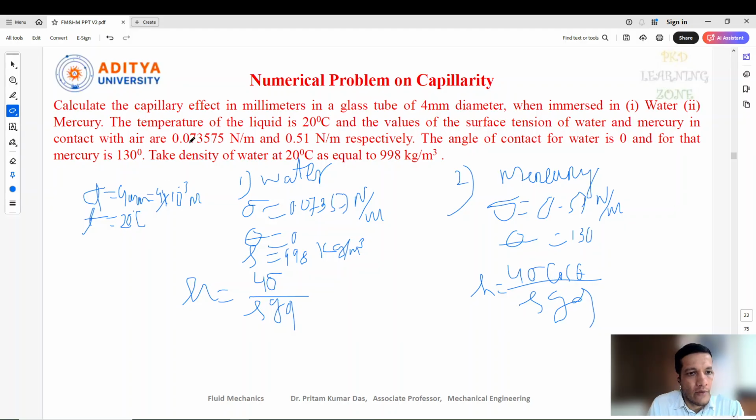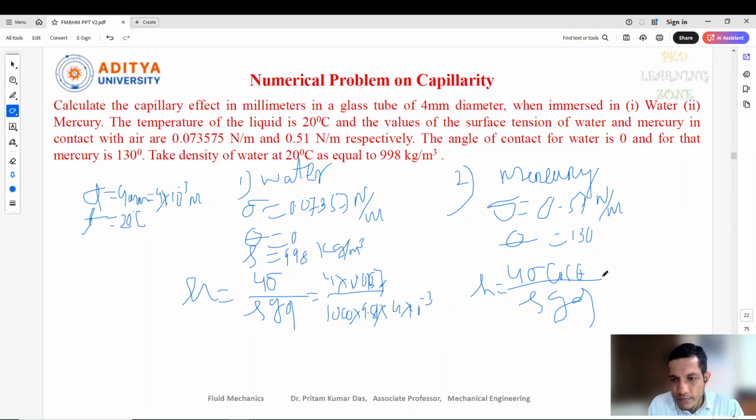So we'll put the value of this 4 sigma, 0.07357, divided by 998, and this 4 into 0.07357 divided by 1000 into 9.81 into diameter 4 into 10 to the power minus 3.